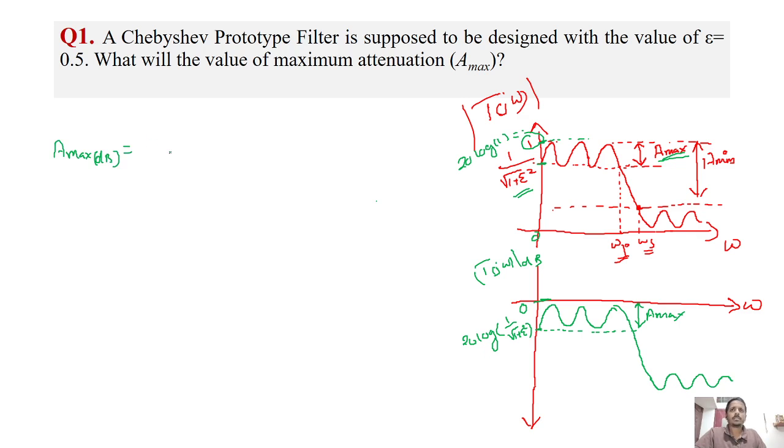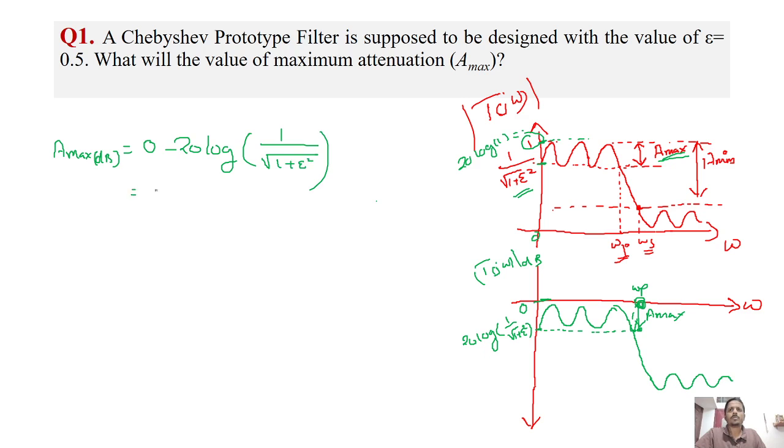From this point to this point, it is 0 minus the value at this frequency, omega p. So A max is 0 minus 20 log of 1 by root of 1 plus epsilon square.